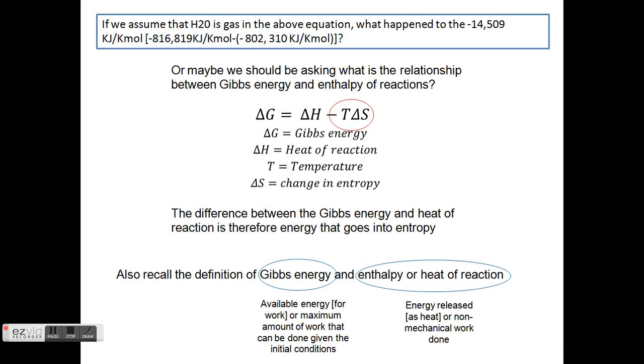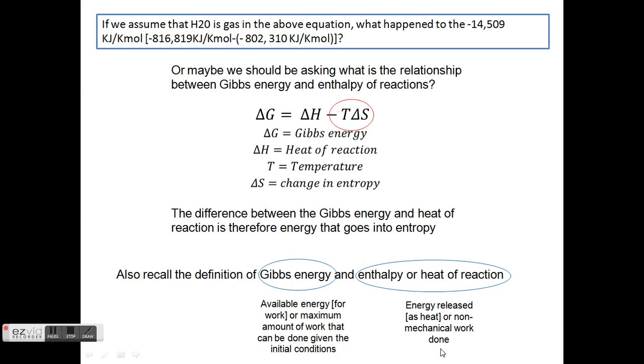So part of this energy goes into the entropy. The Gibbs free energy is the available energy, or the change in the Gibbs free energy is the change in energy that is available to do work, while the change in enthalpy, or the heat, which represents the heat of reaction in this case, is the energy released, or the non-mechanical work done.